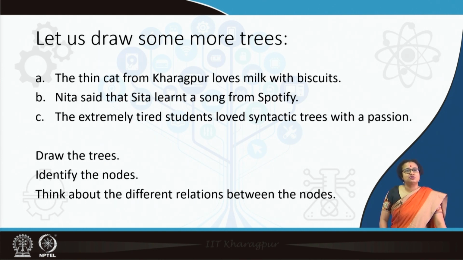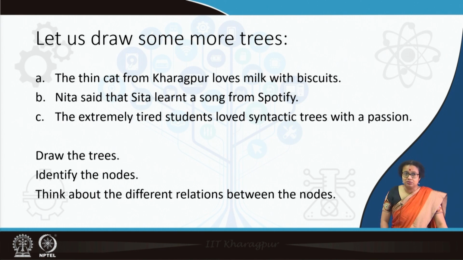So, I am asking you to draw the trees, identify the nodes. When I am saying identifying the nodes, I am talking about root nodes, terminal nodes, because we have basically learnt a lot of different definitions in today's class, right. A lot of new definitions can create confusion. So, that is why let us come back to basic tree drawing, and along with the revision of some previous notions that we have learned like adjunct, complement, etc., it is important for us to stick to today's learning as well.